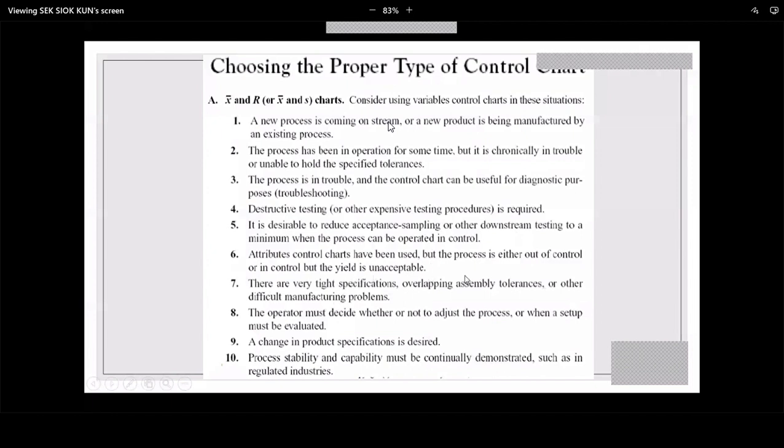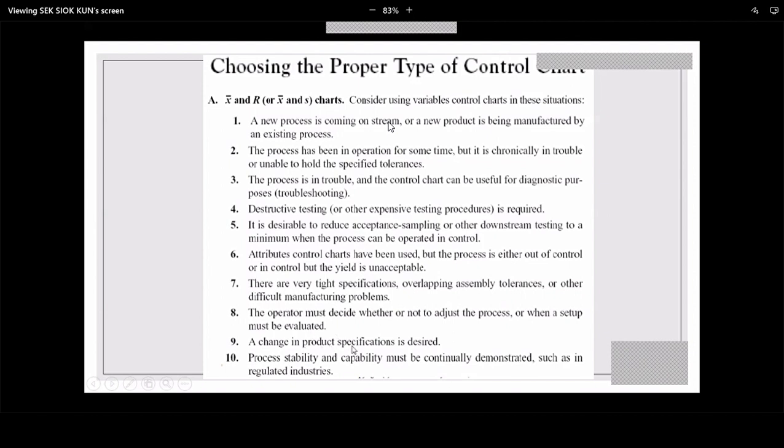Meaning that you apply the attribute control chart, but it does not give you a good decision. Then there are very tight specifications, overlapping assembly tolerances, or other difficult manufacturing problems. The operator must decide whether or not to adjust the process, or when a setup must be evaluated.